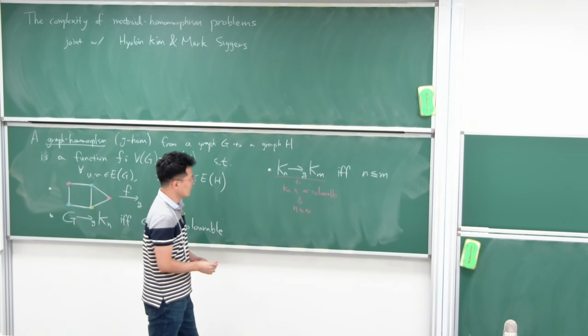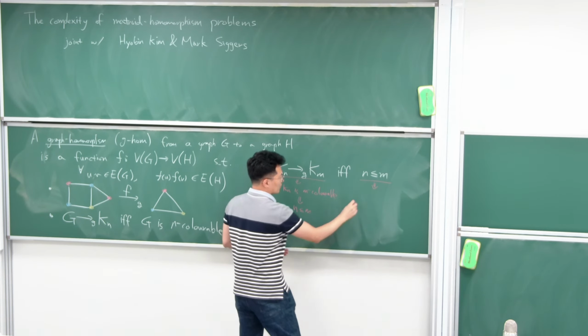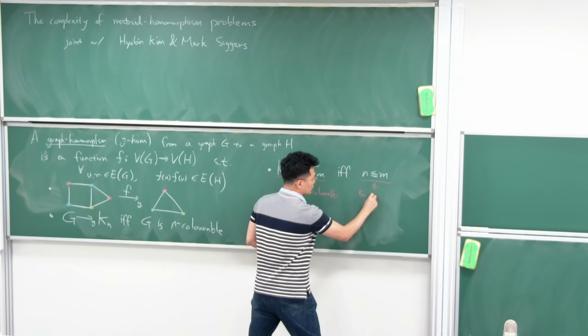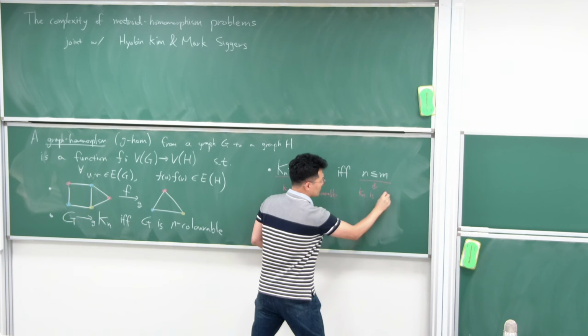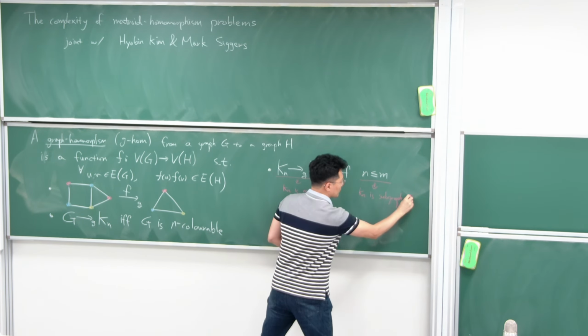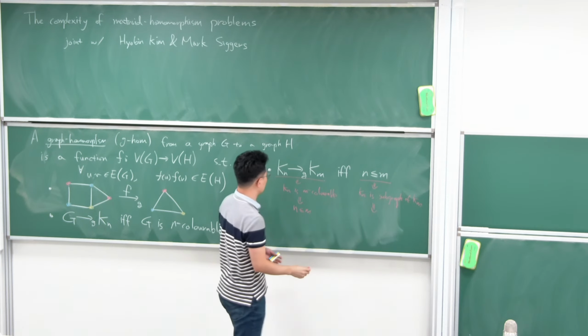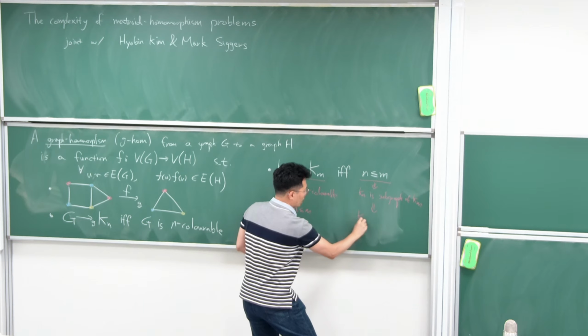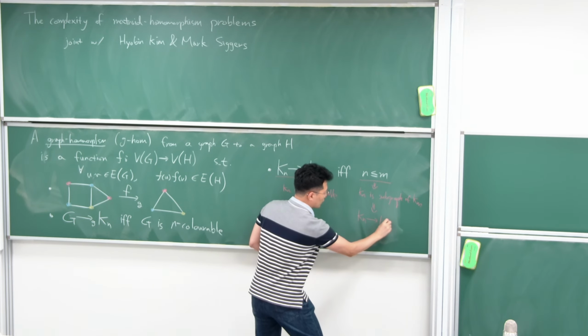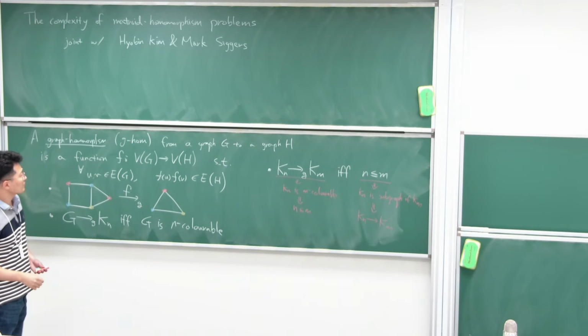This implies that Kn is a subgraph of Km. And this means there is a graph homomorphism from Kn to Km. So they are equivalent.